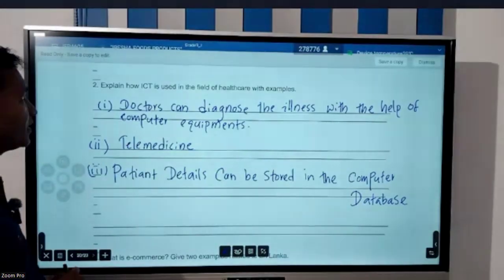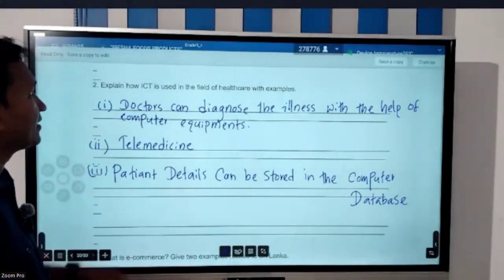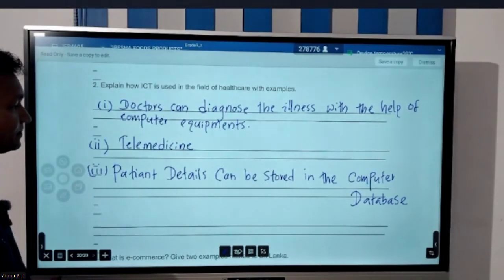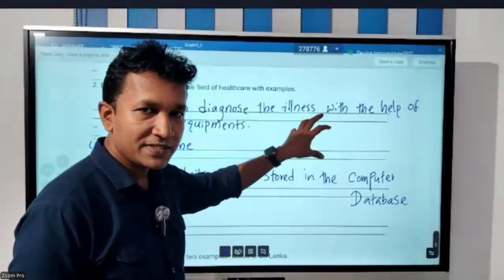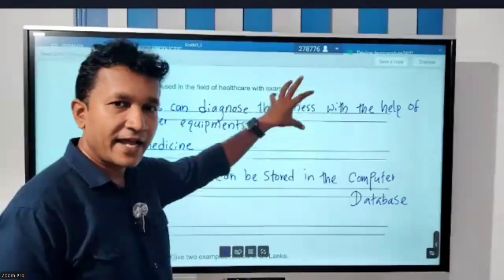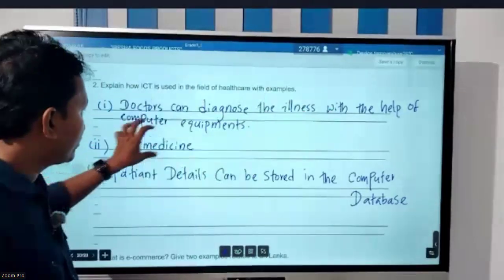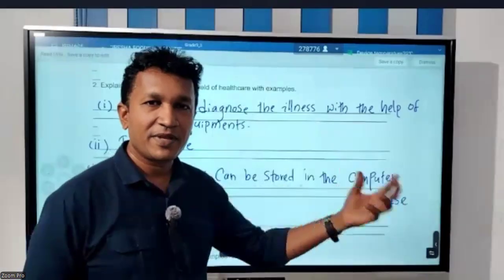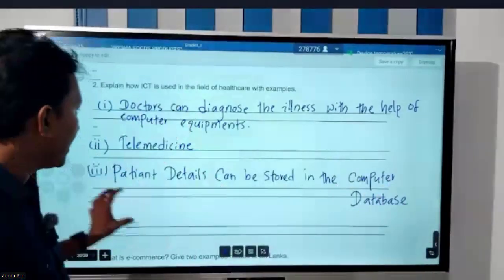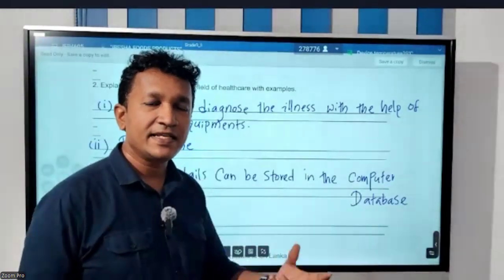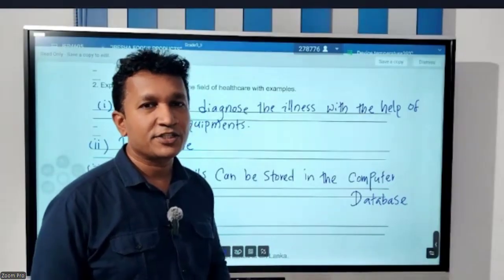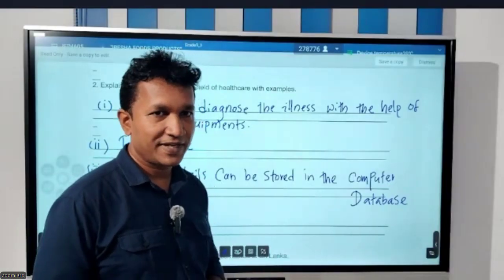So those kind of applications are there in healthcare sector. The use of ICT equipments or computer equipments, they can diagnose the illness, and through the telemedicine, the patients can be treated, right? And patients' records are stored in the database. Then doctors can easily treat the patient with the past records, right?